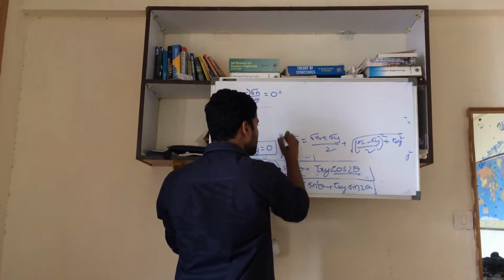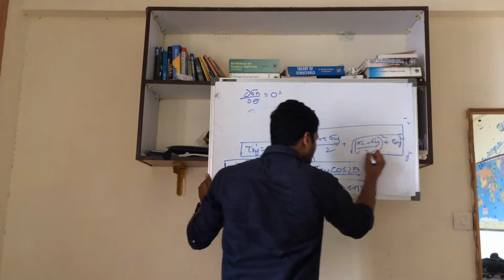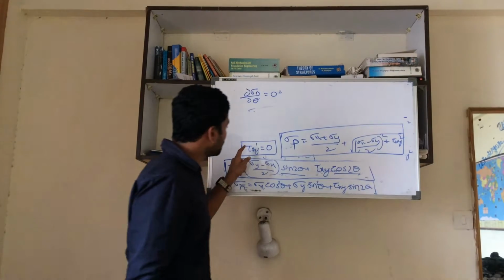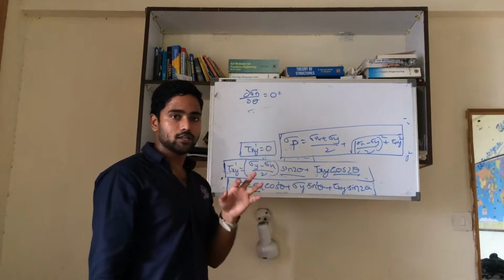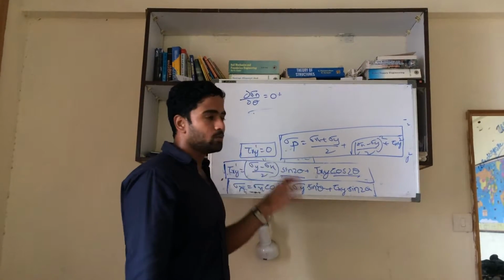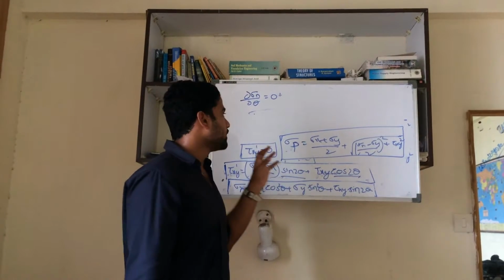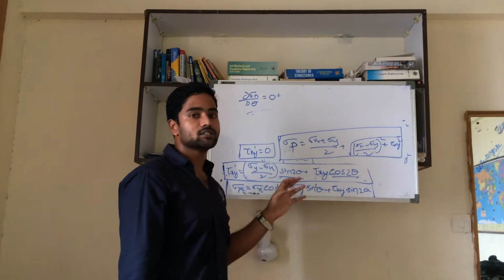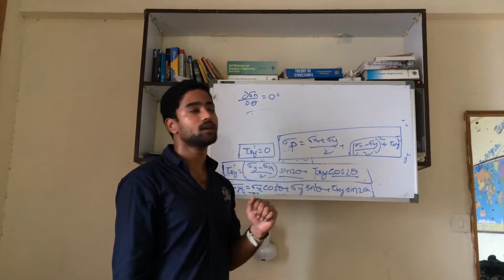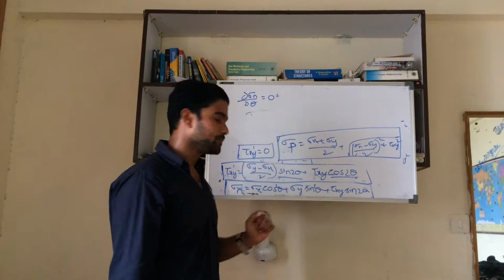So this is the maximum principal stress, and this is the plane. On this plane shear stress would be equal to 0. Hence the planes on which shear stress is equal to 0 are called principal planes, and the normal stresses on these planes are referred to as principal stresses.